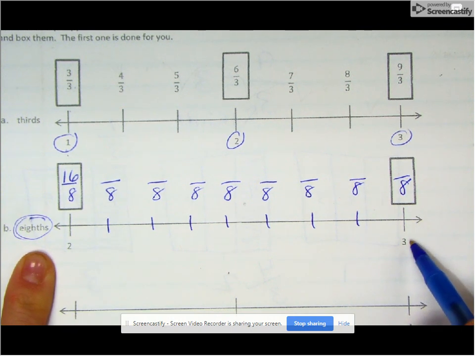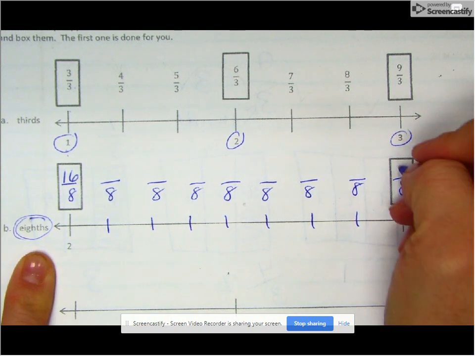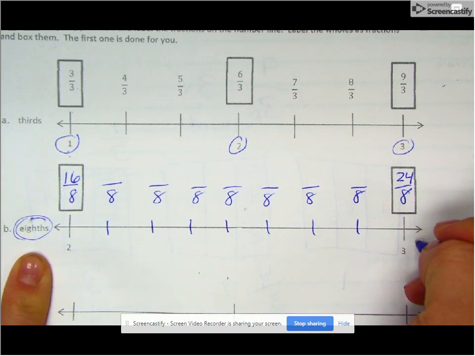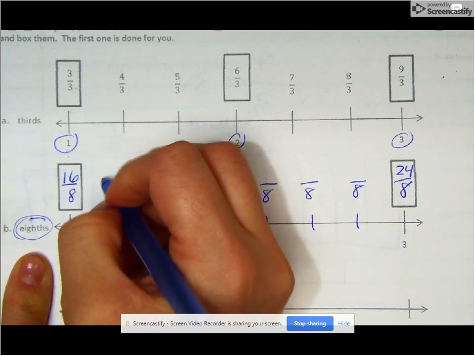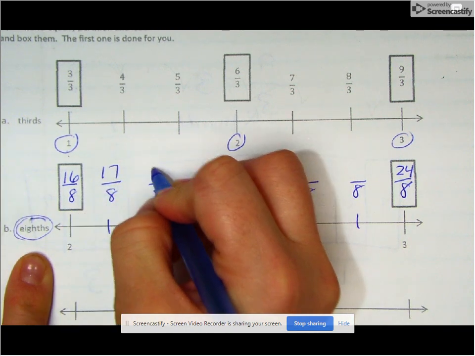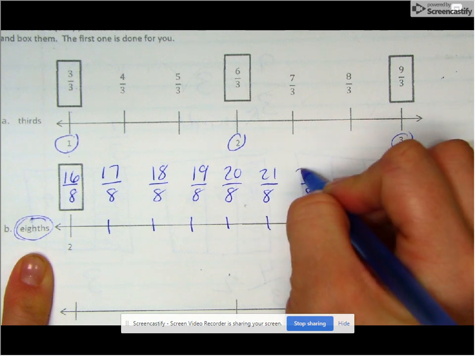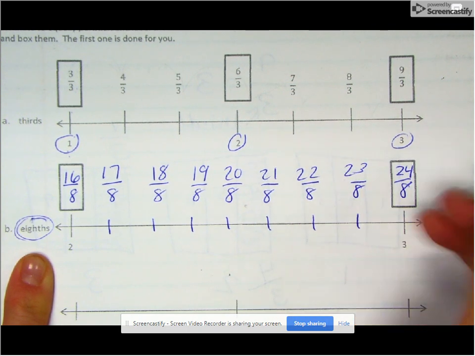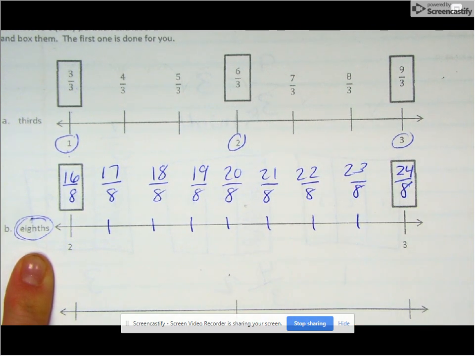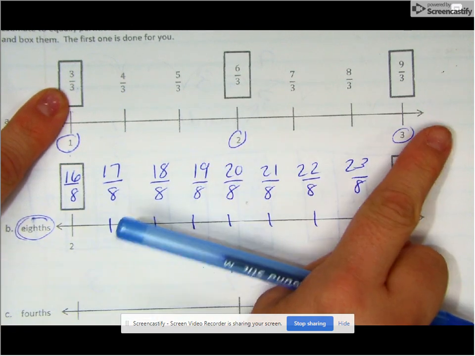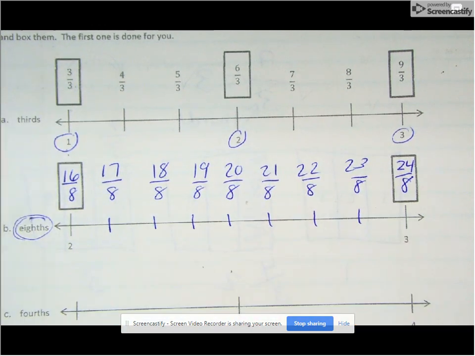And this one, 8 times 3 is 24. 24 divided by 8 is 3. So 24 eighths is the same thing as 3. And then here they're just jumping: 17, 18, 19, 20, 21, 22, 23, 24. These are just boxed in because they are improper fractions that represent a whole.